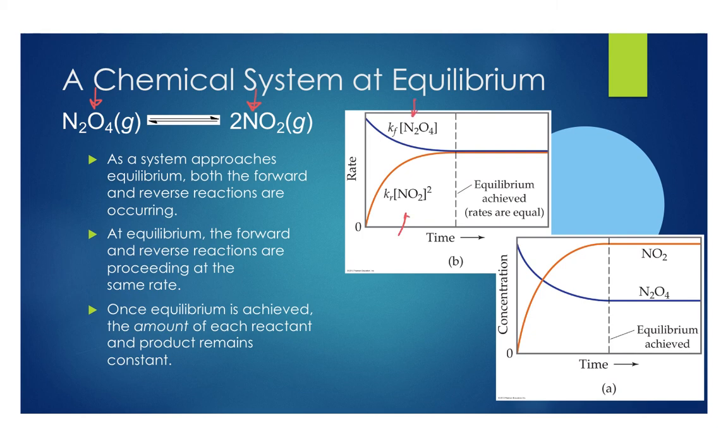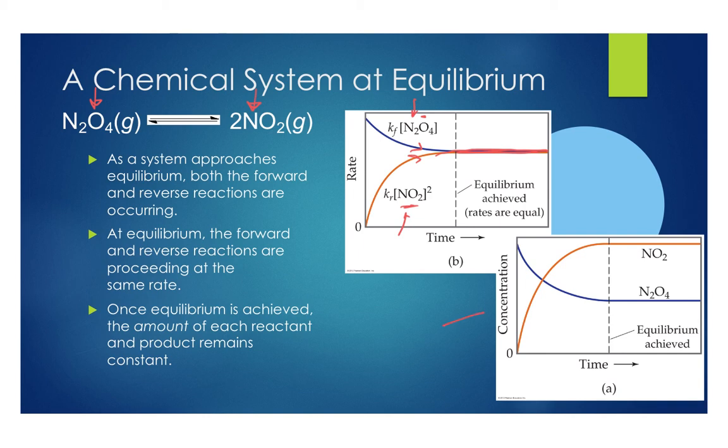As this system approaches equilibrium, both the forward and reverse reactions are happening. The rate of the reverse reaction is increasing, the rate of the forward reaction is decreasing, and eventually you get to a point where equilibrium is achieved and the rates are equal. The forward and reverse reactions proceed at the same rate at equilibrium, and once equilibrium is achieved, the amount of each reactant and product remains constant.